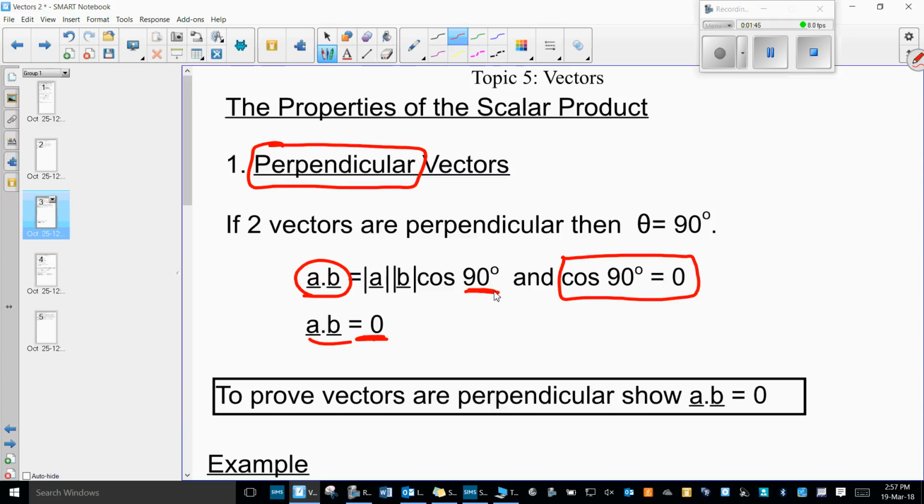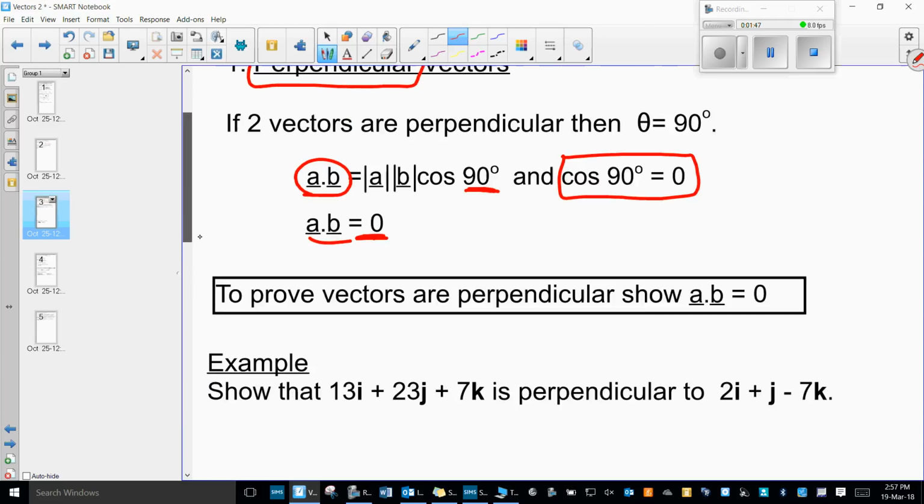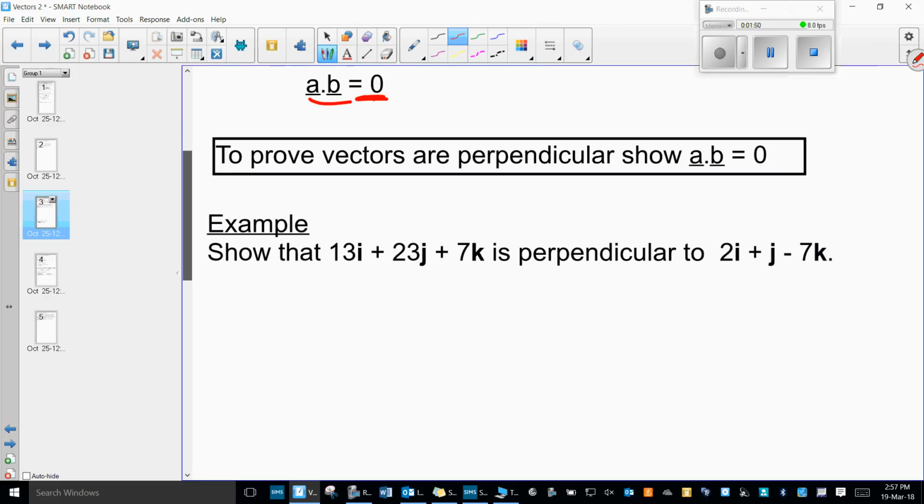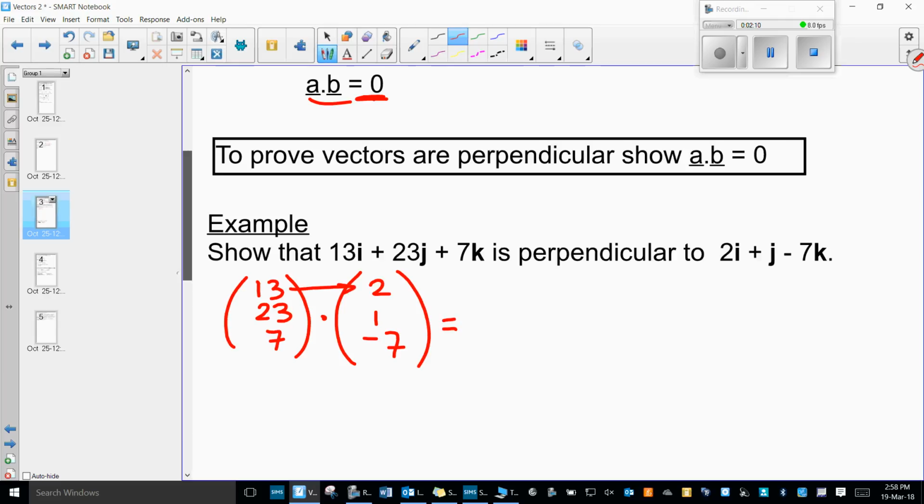So this example here says show that so-and-so is perpendicular to so-and-so. So remember, I like to write them as column vectors. Okay, so we're going to find the dot product of them. So to find the dot product, remember we multiply these numbers. So what's 13 times 2, Bella? I'm going to do the top two numbers multiplied together.